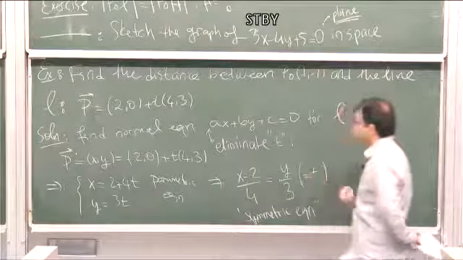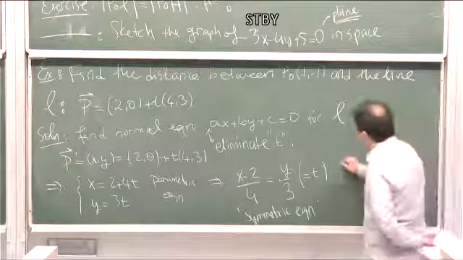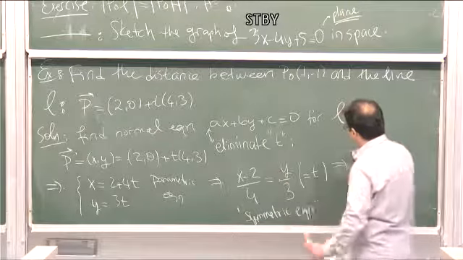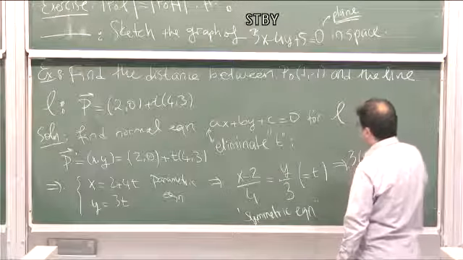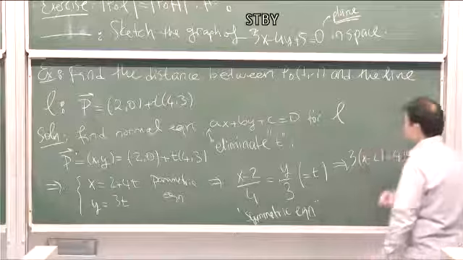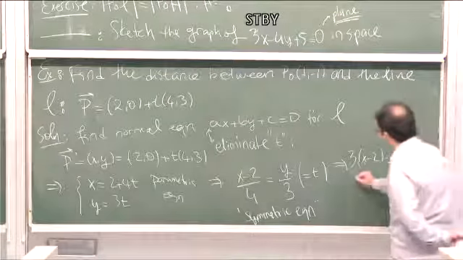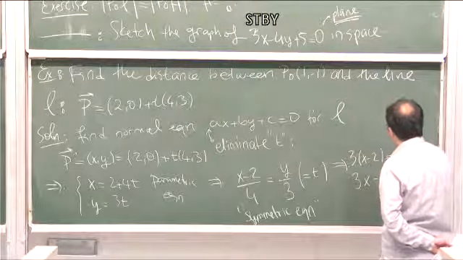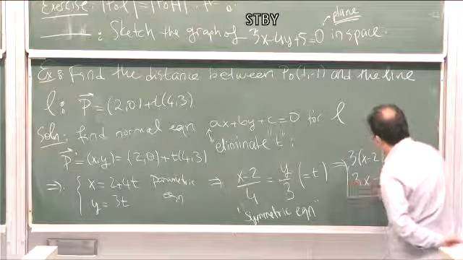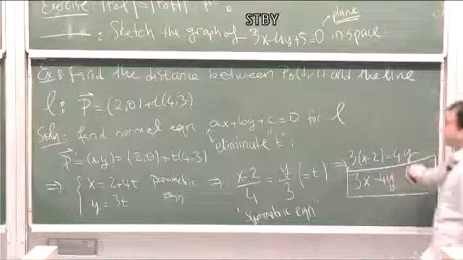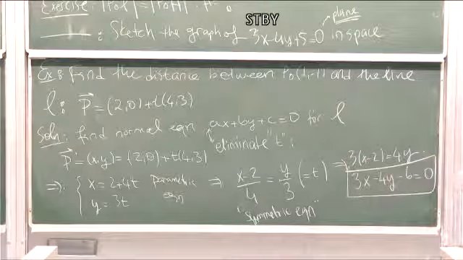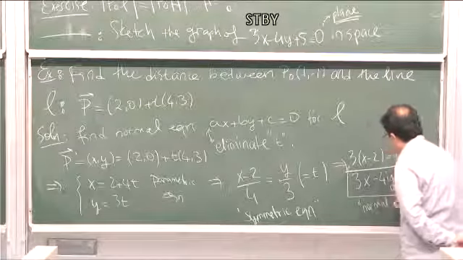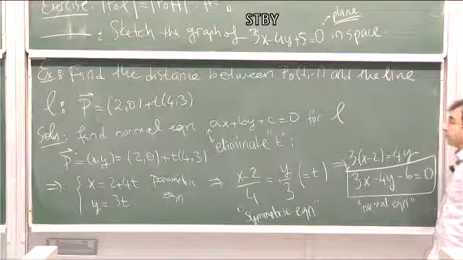From this symmetric equation, if this is equal to this one, then 3 times x minus 2 must be equal to 4 times y, right? So I'm going to have 3x minus 4y minus 6 equals 0. So I got my normal equation now.